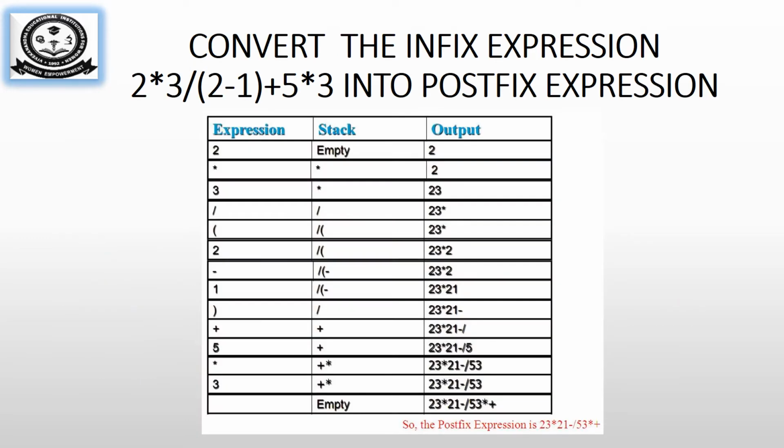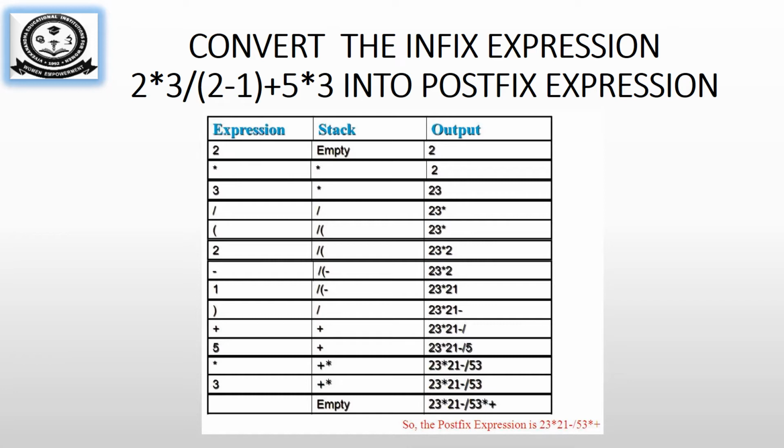Let us take an example of how an infix expression is converted into a postfix expression. You can see the expression given above: 2 star 3 slash open parenthesis 2 minus 1 plus 5 star 3. When it starts reading one character at a time, when 2 comes, it is an operand, so it will be printed. When star comes, it will be pushed into the stack.